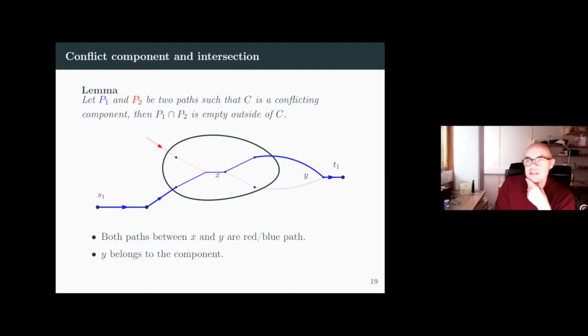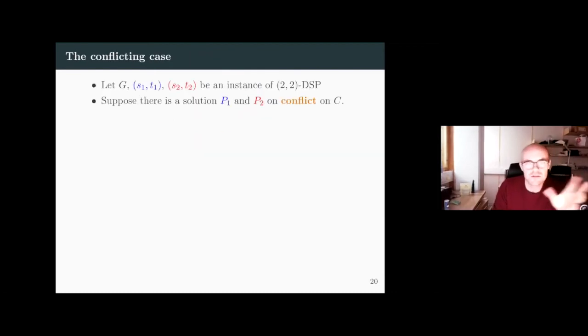Here we arrive at the first point. Suppose you're trying to solve a 2-2 DSP instance, so two colors, two paths, one red, one blue. And now I tell you there is a solution P1 and P2 such that they have a conflicting component.